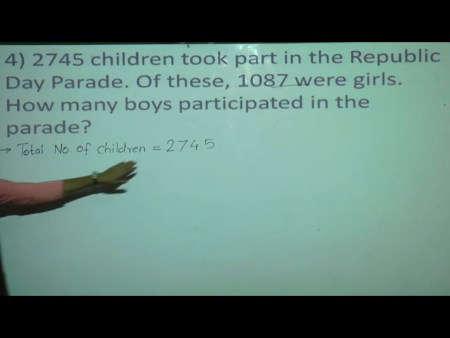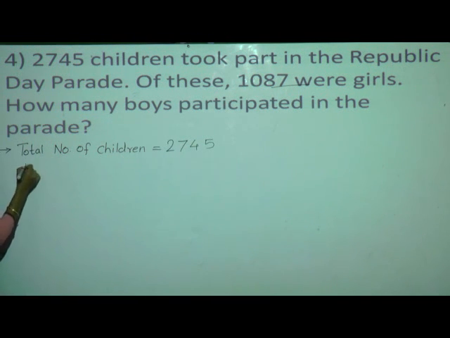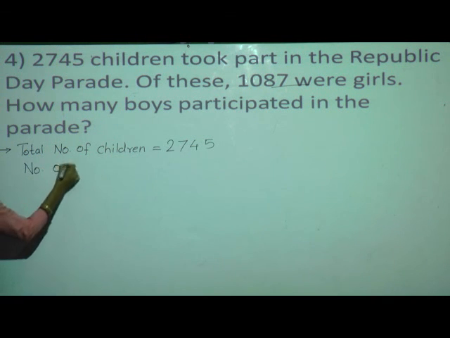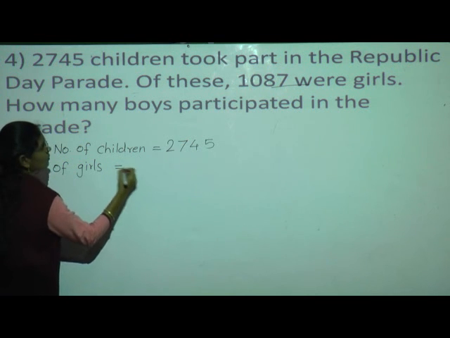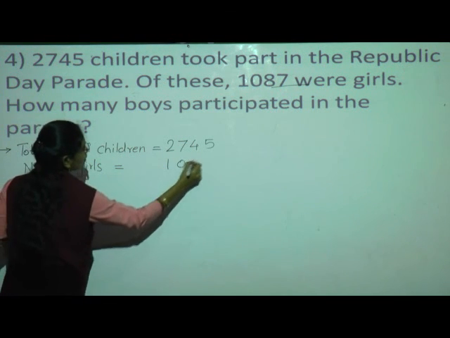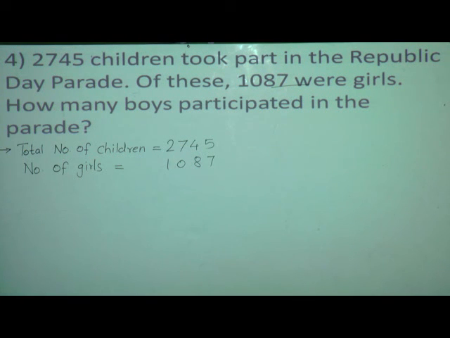Out of that 2745, how many were girls? So we will write the number of girls. Number of girls is equal to what? 1087. And what do we have to do? We have to find out how many boys were there. Okay, so do the subtraction.